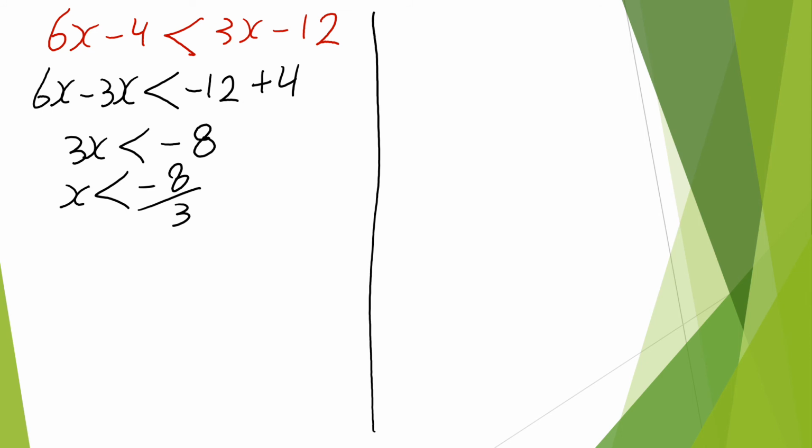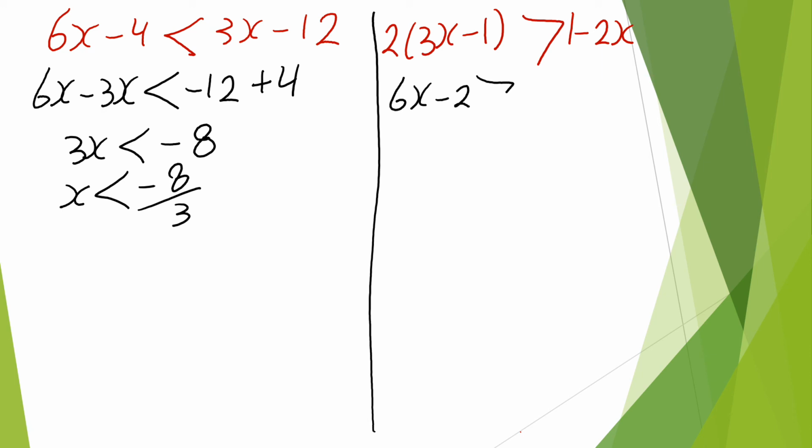Now let's do another example. Okay, so we will expand. It's the same as what we've used before. So we'll expand first. I've got 6x minus 2 greater than 1 minus 2x. So now rearrange. So the 2x moves to the other side.